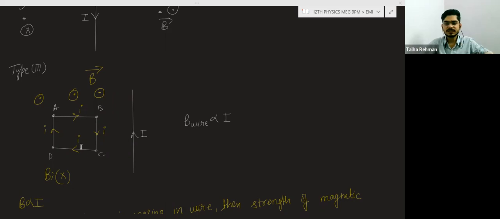So the induced current will induce a magnetic field in the same direction as that of the given magnetic field, because the induced current will try to increase the flux linked with the coil. The flux can be increased by increasing the magnetic field.